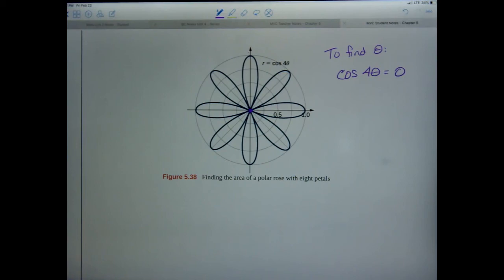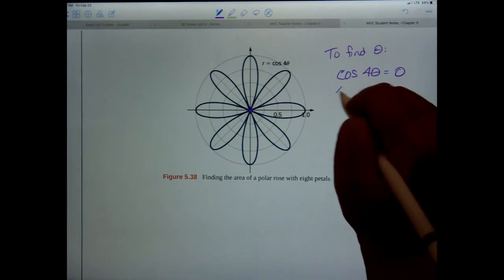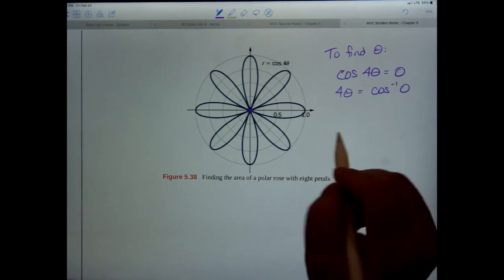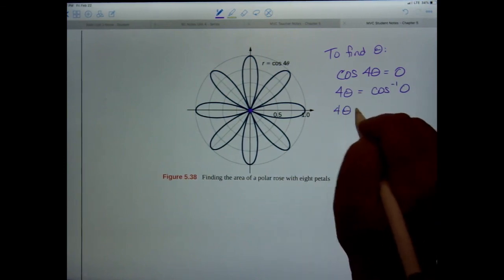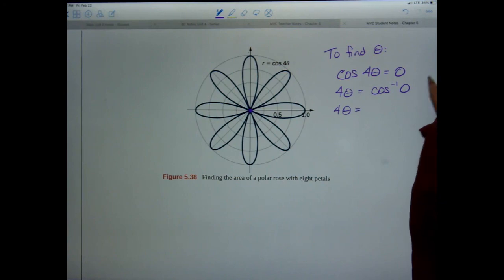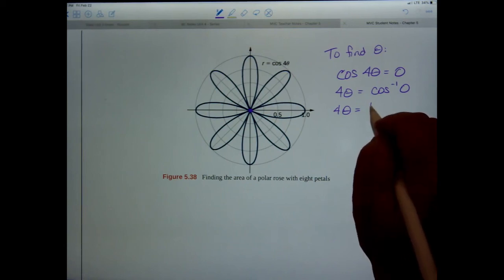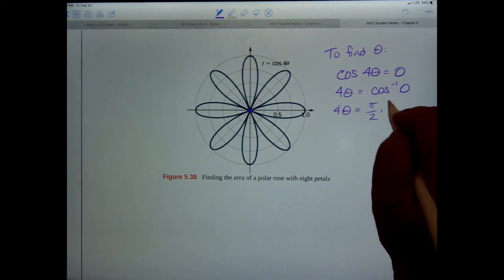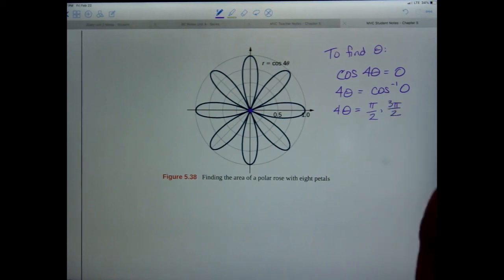So 4 theta equals cosine inverse of 0. Where is the first place that cosine equals 0? Pi halves. What's the next place that equals 0? 3 pi halves. You only need 2 of them. I'm going to put a dot, dot, dot, because it does go on and on forever.